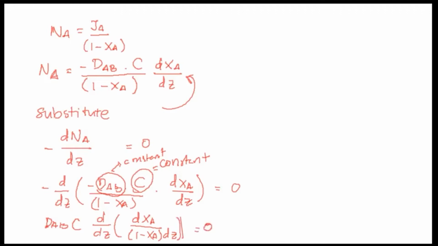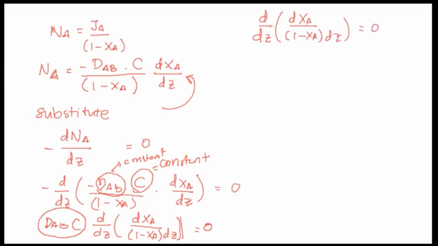Okay. Now the diffusivity and concentration are constant, and I can move them to the right side to get this equation: d/dz of (dxA over 1 minus xA)/dz equals 0.